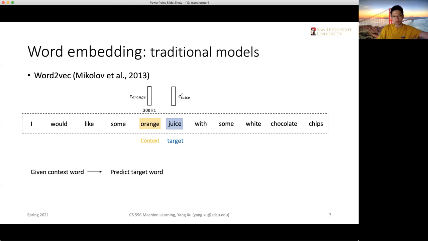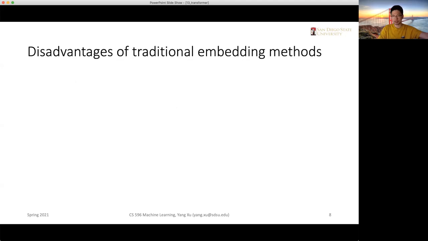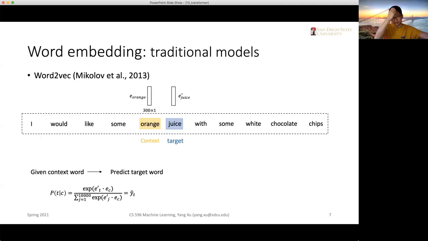The conditional probability of predicting the target word from the context word is modeled by a softmax regression probability, which is also approximated with negative sampling. But we know the details of the technique, and we know that this pre-trained network pipeline is successful in obtaining meaningful word embedding vectors.